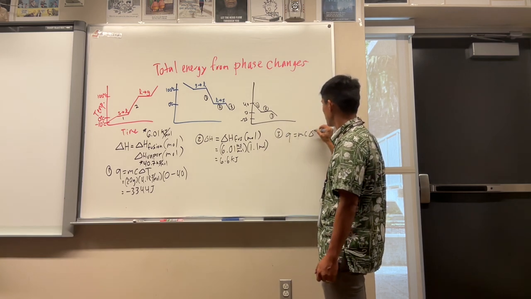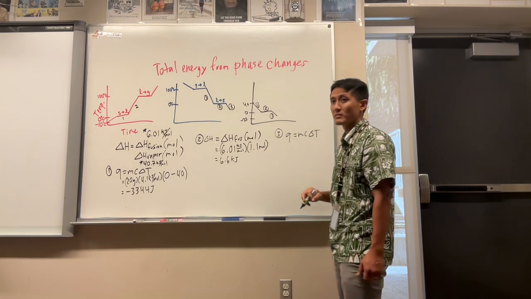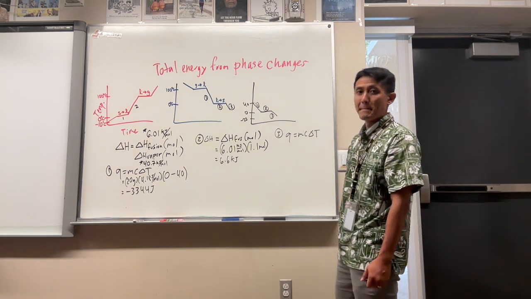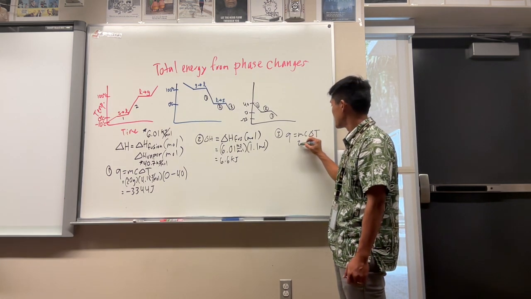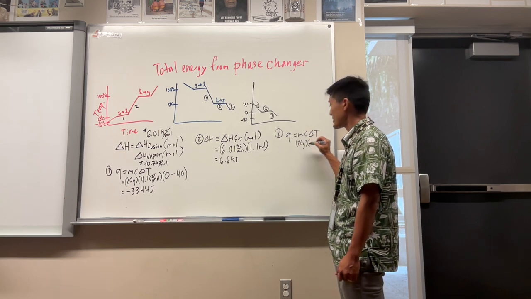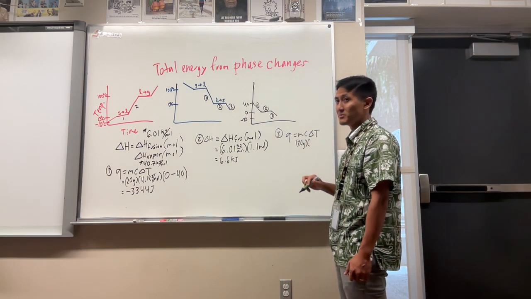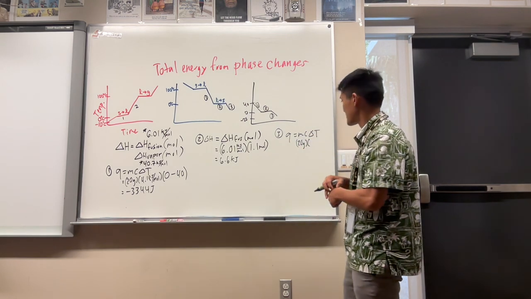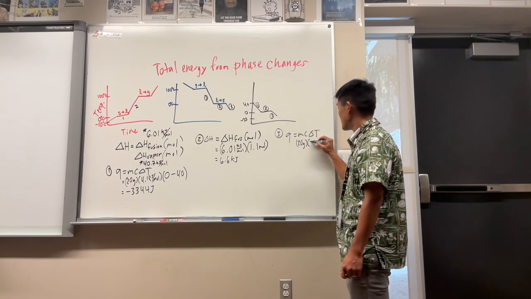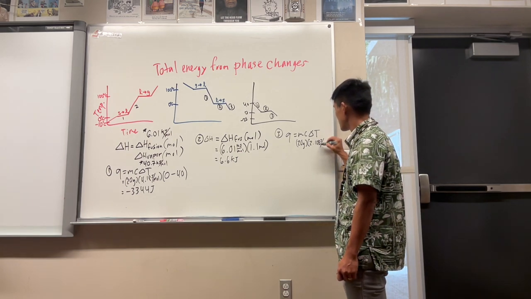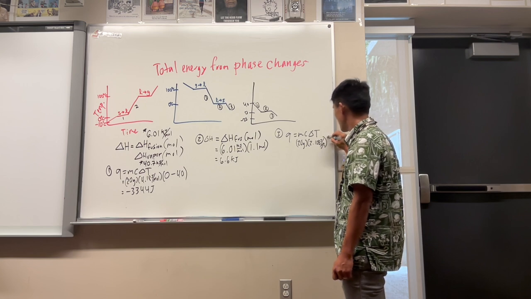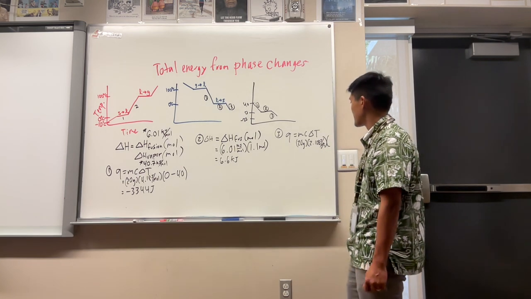So we just put in the same stuff. Almost. Mass is 20 grams. C is ice now, so look at your periodic table. Solid, so 2.108 joules per gram degree Celsius. And then temperature.